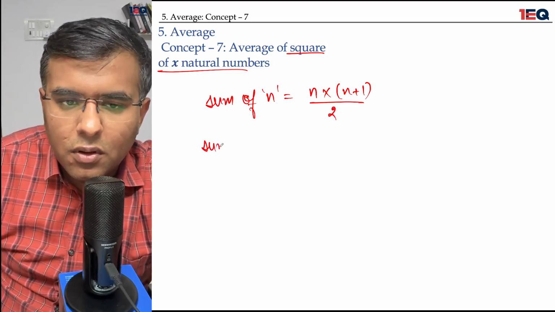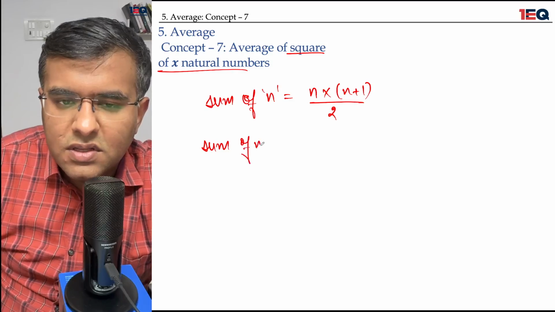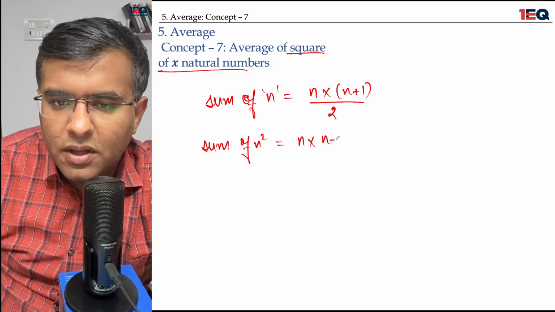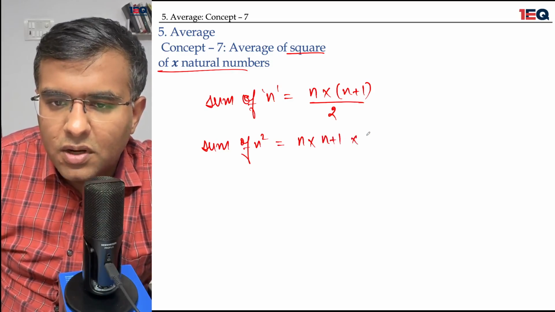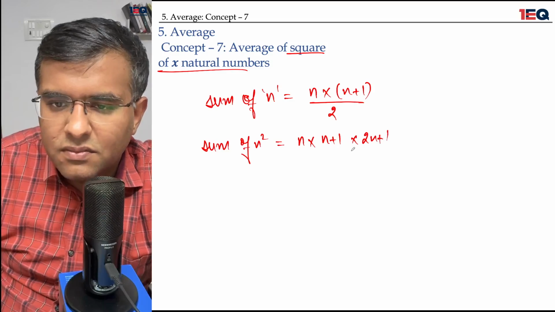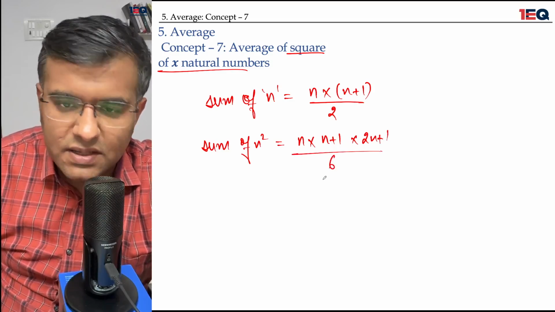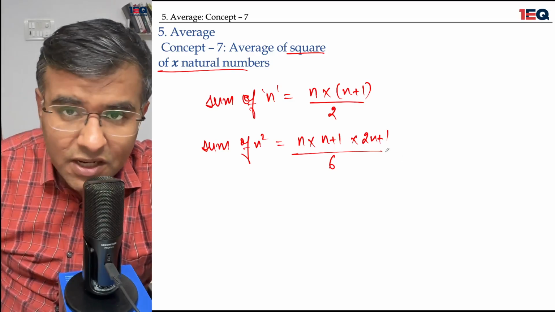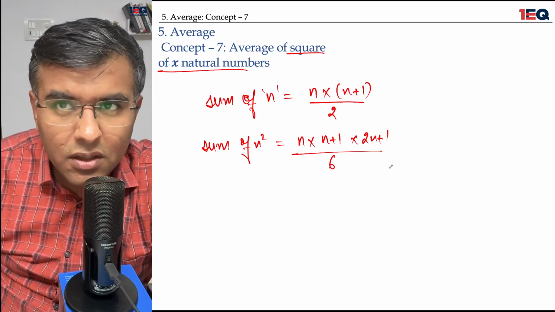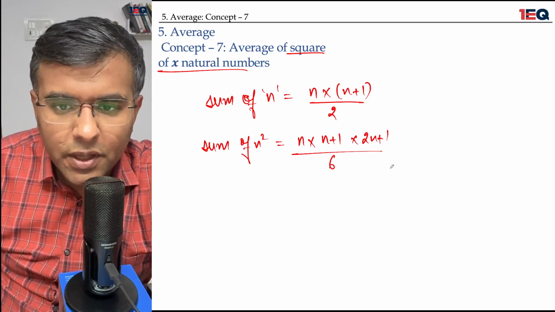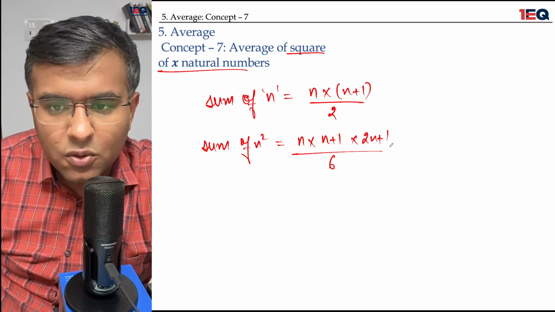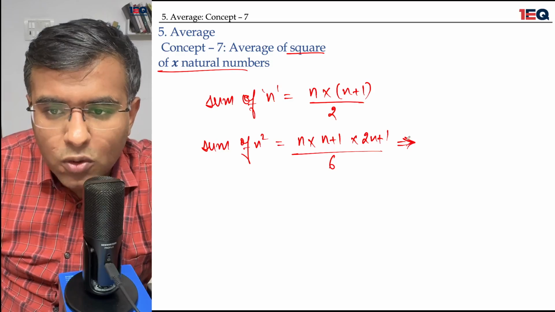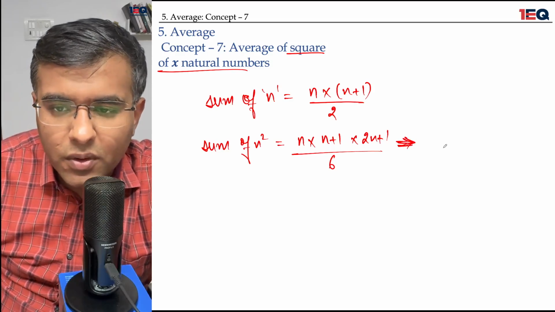Talking about the sum of n square, it is n multiplied by n plus 1 multiplied by 2n plus 1 whole divided by 6. Okay, this is a formula that we've talked about in number systems as well, and maybe in ratios as well. So n into n plus 1 into 2n plus 1 by 6 is the sum of n square. What do I do about it?